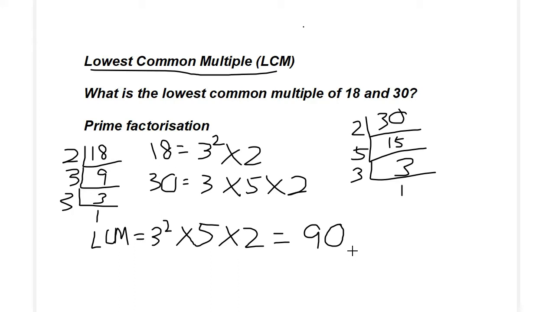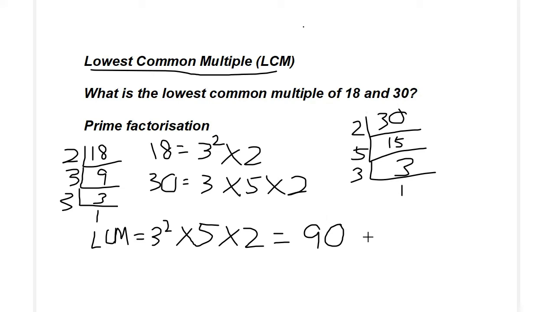And in fact, you can do a small check by dividing 90. Okay, 90 divided by 18, you can see it's 5, and 90 divided by 30 it will be 3.